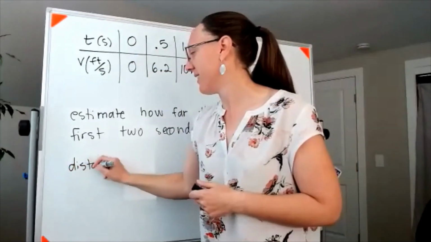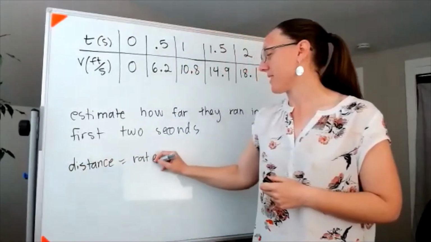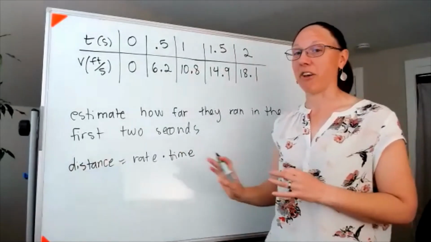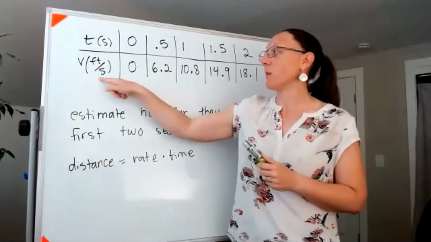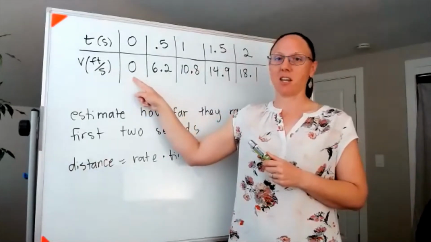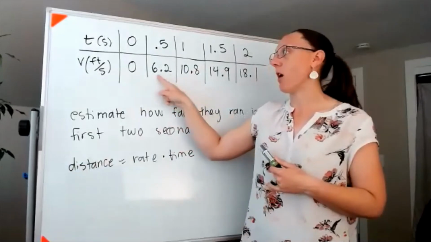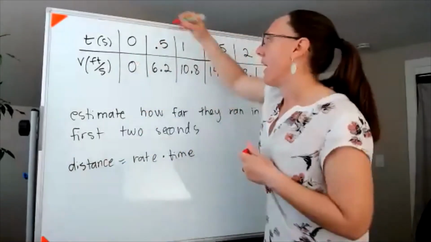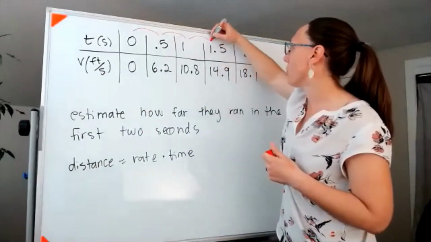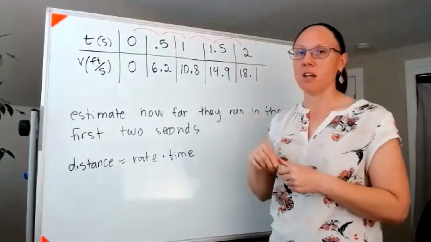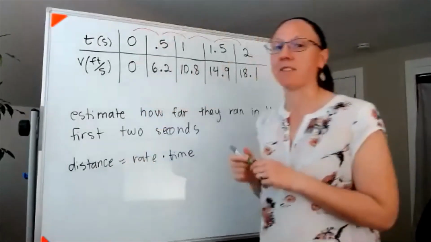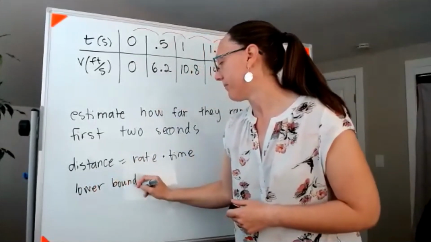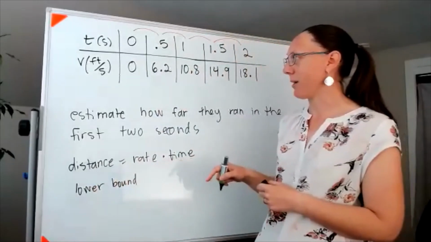Since distance is equal to rate times time, we can get this estimate of the distance, and we can give a lower bound estimate, assuming that we're always going to choose the slowest velocity, and an upper bound estimate, assuming we're always going to choose the fastest velocity on each interval. So here I have 1, 2, 3, 4 time intervals that are each an interval of 0.5 seconds. As a lower bound, I'm going to use this rate times time thing.